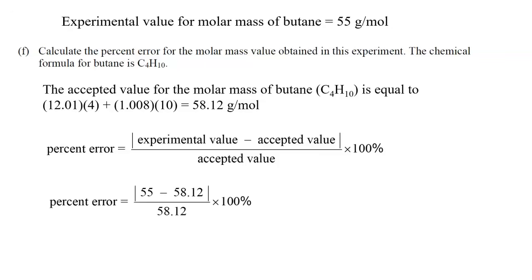So we can subtract 55 from 58.12 and just take the absolute value of that difference to avoid any negative sign in your answer. That's going to work out to be 3.12, which is the difference, divided by 58.12 and then times 100. If you do that math, you should get a value for percent error of approximately 5.4% error. So that is the answer to part F of this question.